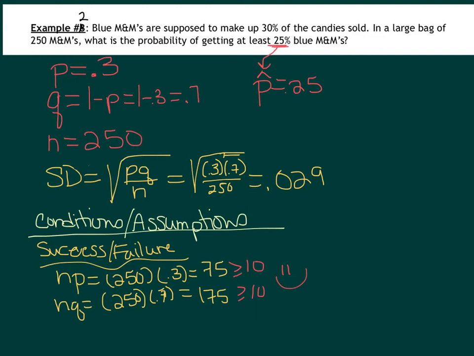The next thing that we need to do is a little bit more complicated. So usually you would check your independence assumption. In this case, it's a little bit less reasonable. The problem is with M&Ms, if you get them out of the same bag, we're going to assume that they are not necessarily independent.